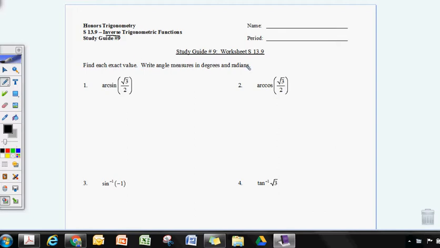The first thing that you need to remember with your inverse trig functions is your quadrants. All of the different trig functions are found in quadrant 1, and they're all positive in quadrant 1. Nothing is ever found in quadrant 3.